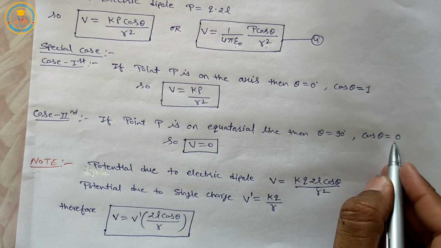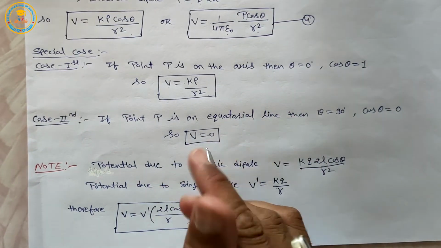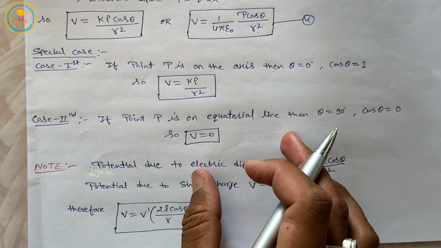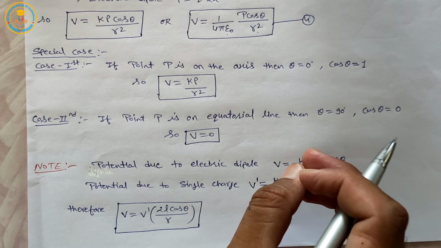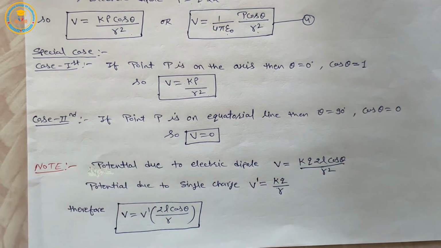So cos 90 is equal to 0. So from this equation, V is equal to 0. It means electric potential on the equatorial line will be 0. This is the electric dipole at different positions of a point P.